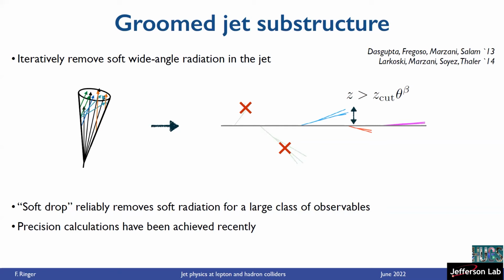So if I find a branching off that main branch that exceeds, say, 10%, then I'm going to stop. For example, this one was just 5%, this was 7%, and this one is 15%. I'm going to stop, and my new jet is all the particles that are here. These are removed. Everything here I will keep.